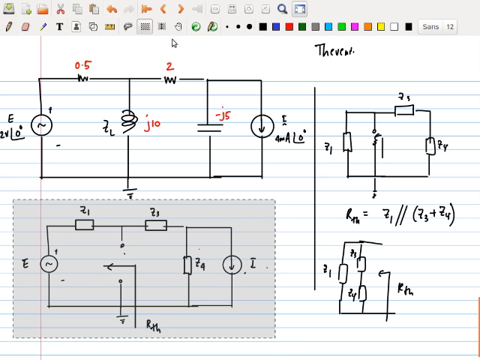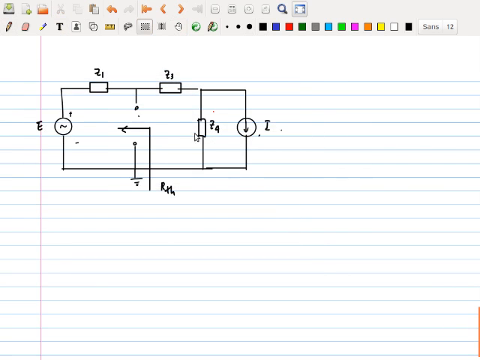Copy this whole thing, Control C, Control V. I will erase this. Ground. This is loop 1. That is loop 2. You immediately realize that I2 has to be I, because there is an independent current source here.